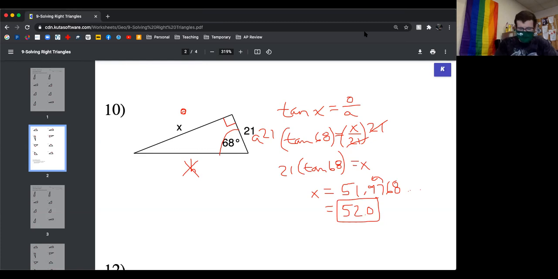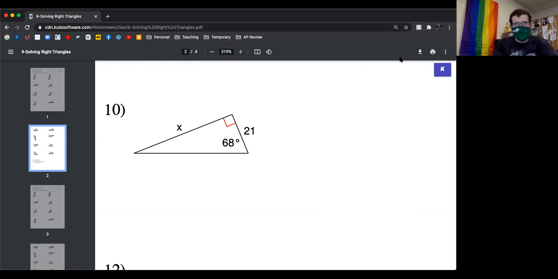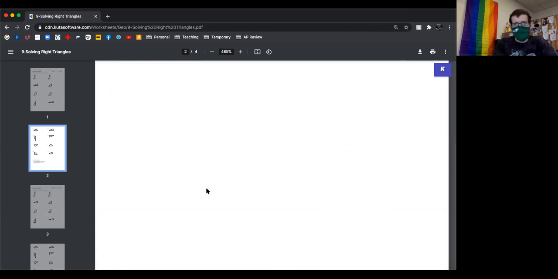The last thing I wanted to say, and I'm not going to base this on a particular problem. So if I zoom in, I just want to get to a blank screen. So here we go. It's a blank screen. Let's imagine that I have the cosine of 35 equals 7 over x. When x is in your denominator, I want to kind of show you what happens.